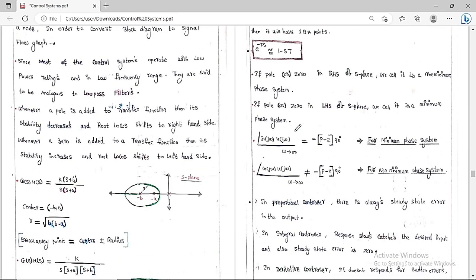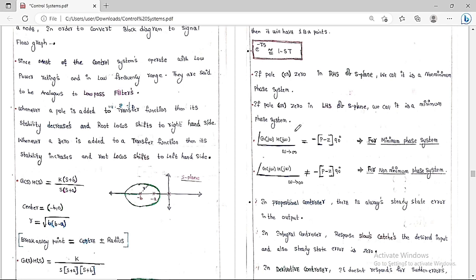The next point is, since most of the control systems operate with low power ratings and in the low frequency range, they are said to be analogous to low pass filters. So listen carefully: most of the control systems have very low power ratings and operate only in the low frequency range.